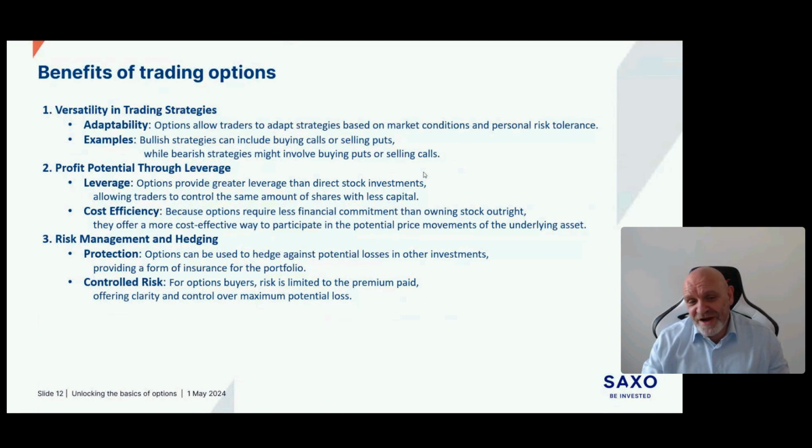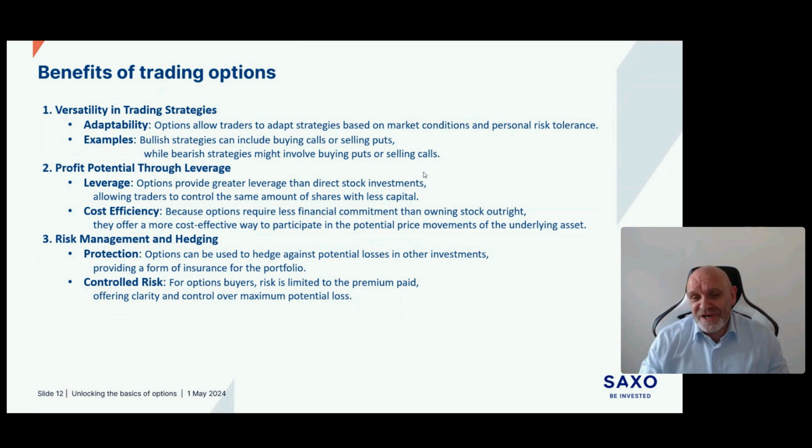Well, if you buy, for example, a put option, and that gives you the right to sell something, that means that you will make money if the price of the underlying, the price of the stock, goes down. If you buy a put option and the price is high and the price starts to go down, you will make money on your put option while still having your underlying stock.